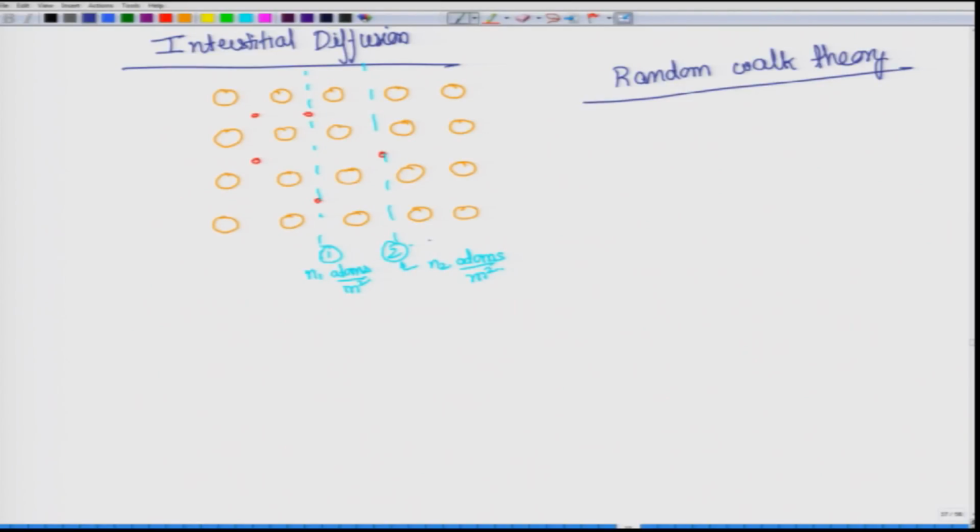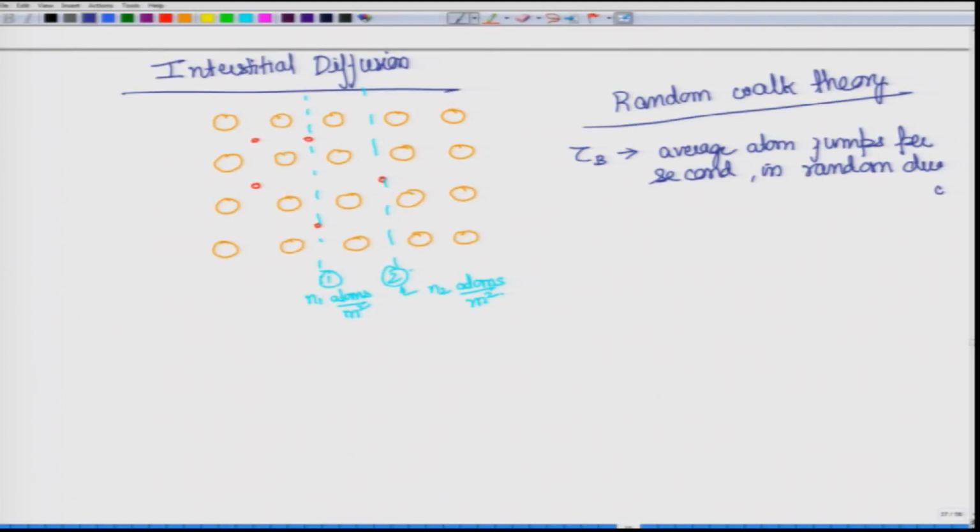Consider these two planes, and let us say that tau b is the quantity which talks about average atom jumps per second, but this is in random direction. But this random direction is not in 4 pi direction, meaning in the solid 4 pi direction.